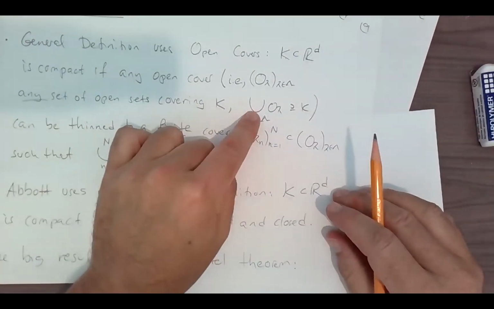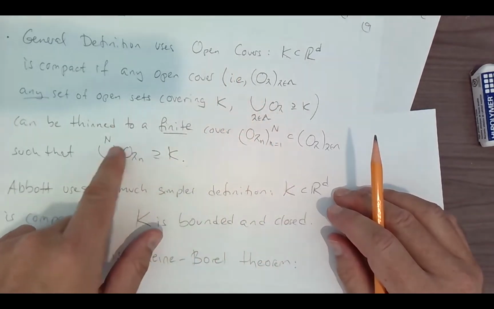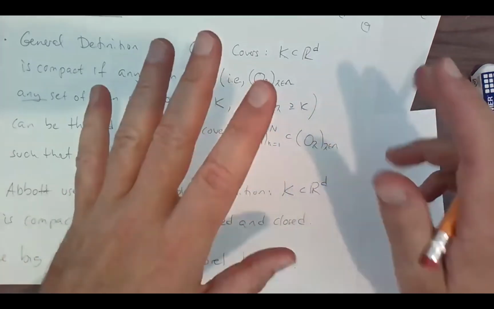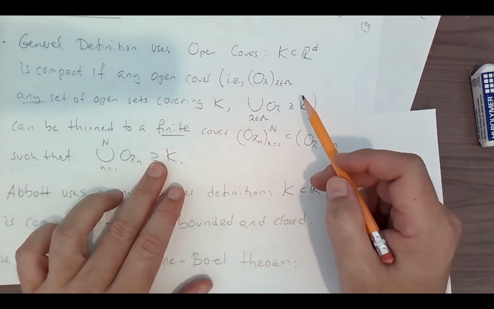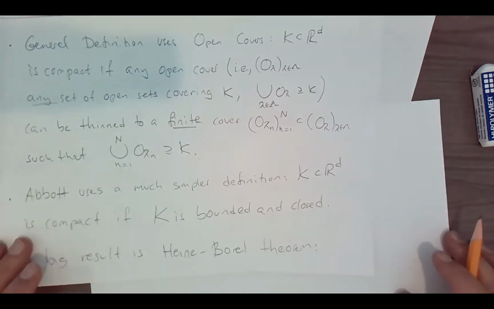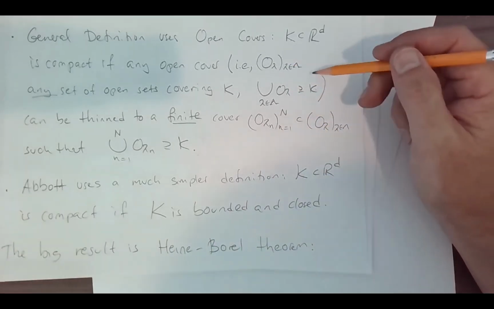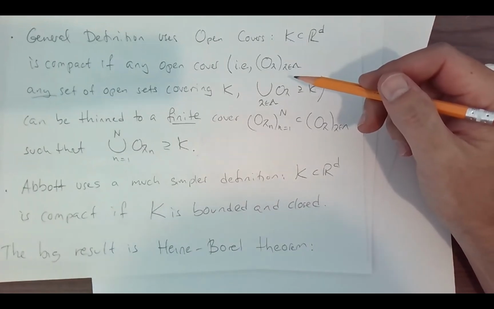I am not saying anything about the unions of the finite and the infinite covers being the same. The infinite one is obviously always going to be bigger than any smaller one, but I'm not saying these two really have to be the same. The only property that both should satisfy is that they contain K, the set in question. That's the general property. So you take a cover, what does it mean? I take the union and then I contain the set. Now, what does it mean to thin it out to a finite subcover?